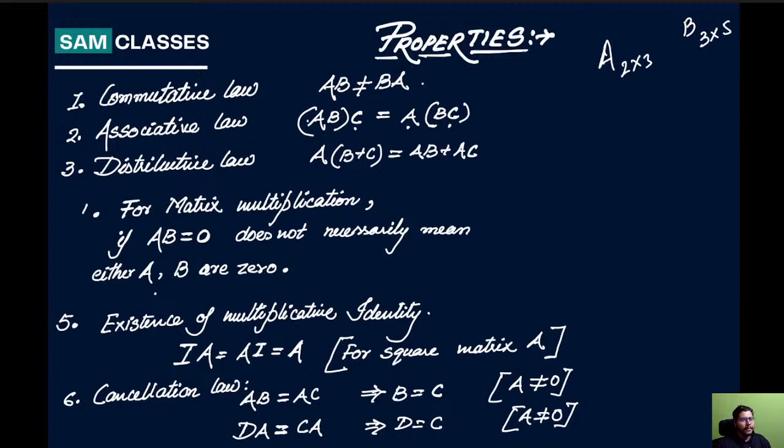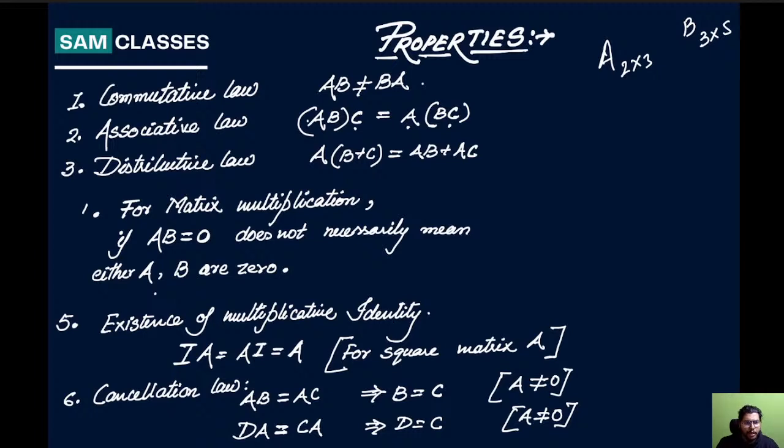Put it in the chat section everybody, fast. Come on, fast. We can say AB is multiplicable.